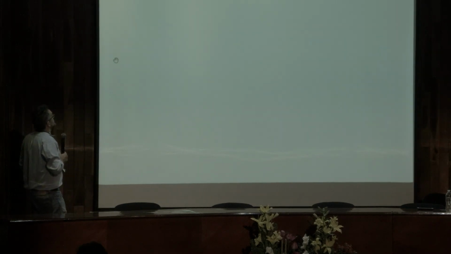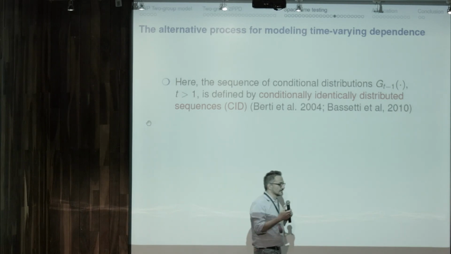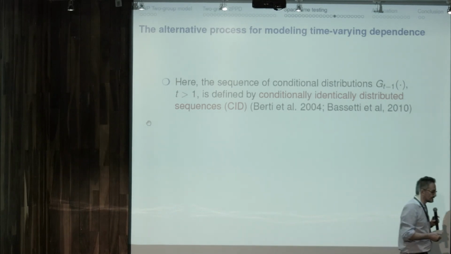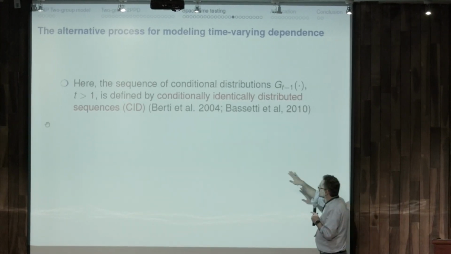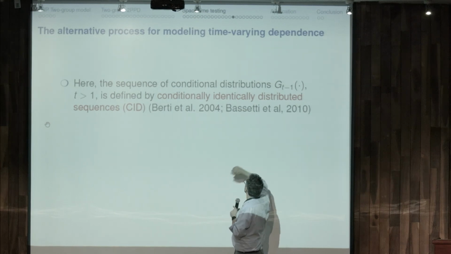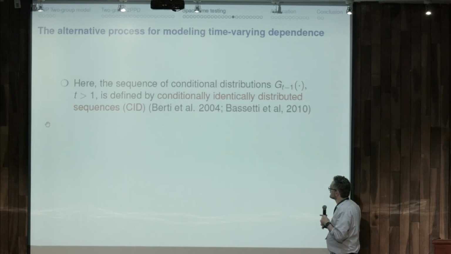What we're going to use is the toolbox offered by what are called conditionally identically distributed sequences, CID, which have been proposed first by Berti, Pratelli and Rigo, Bassetti, Crimaldi, and Leisen in 2004 and 2010.